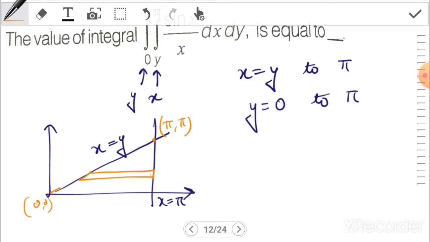Yes. So now changing the order of integration, we will have, okay, here x is constant. So x is varying from 0 to pi and y is varying from 0 to y is equal to x.